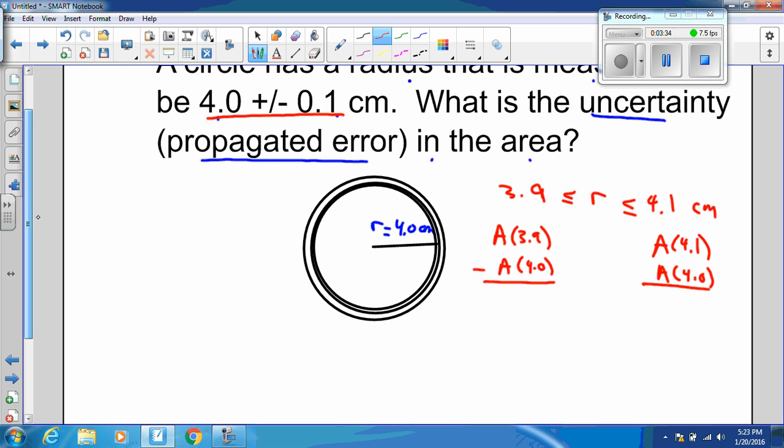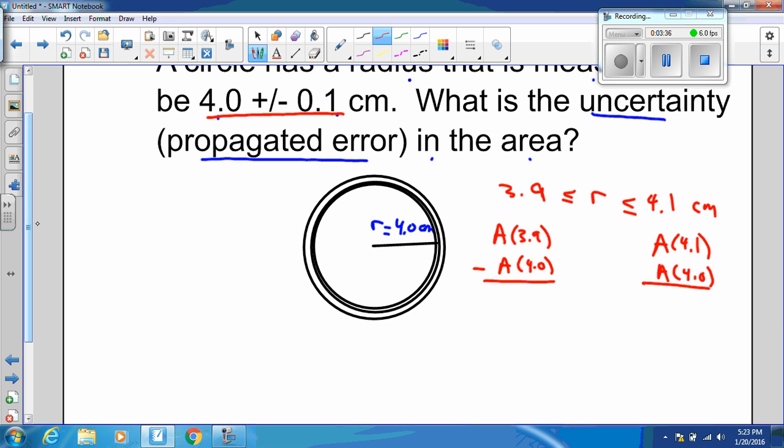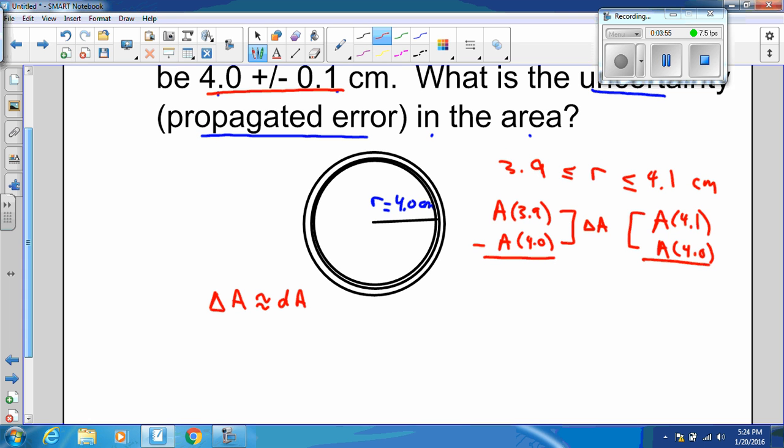However, we can approximate this much more easily by using the idea of a differential, because what this is really computing is a change in the area. Both of these are computing changes in area. And so I can estimate the change in the area with the differential change in the area. And all I need to know is the formula for the area of the circle.